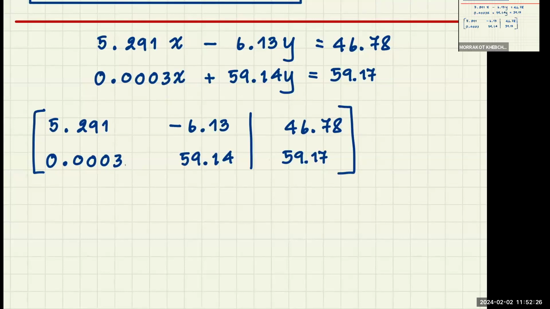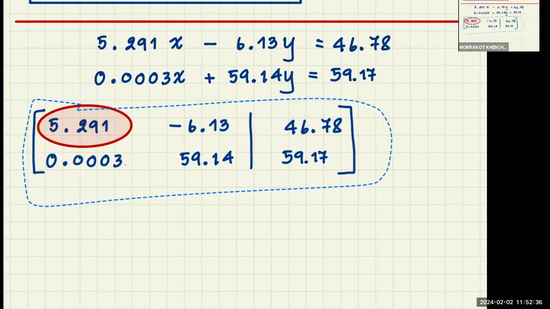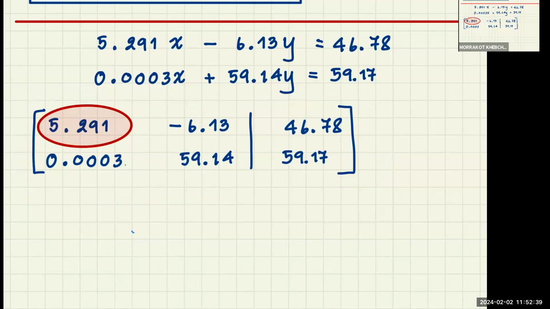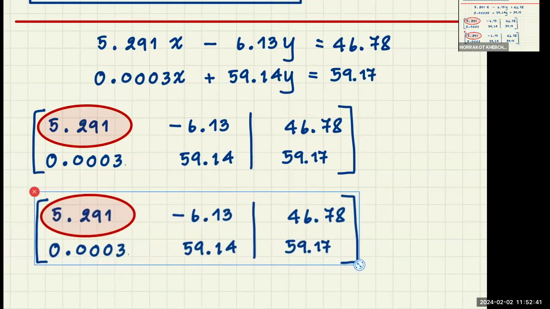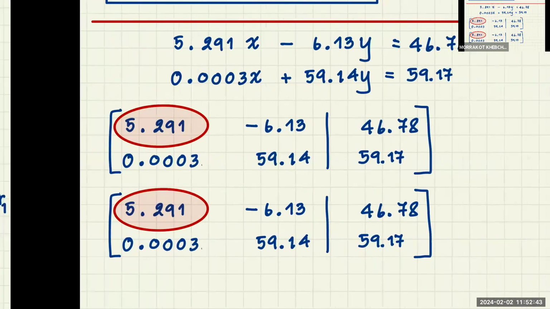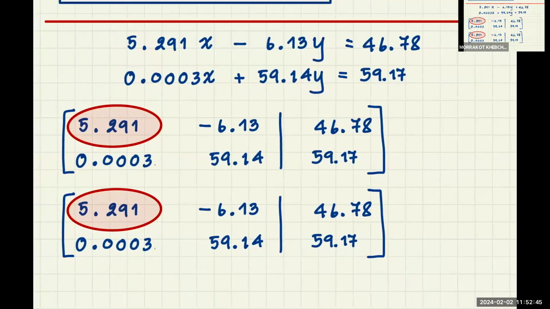Okay, so now this is the pivot element. Okay, I will make the matrix, the one below pivot element equal to 0. Okay, 0.